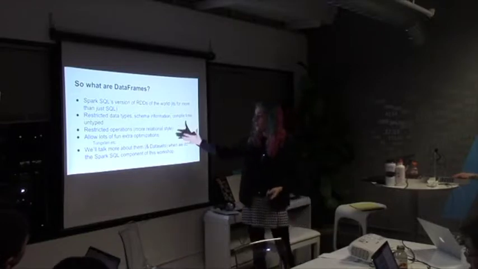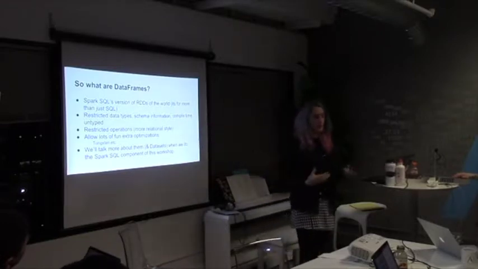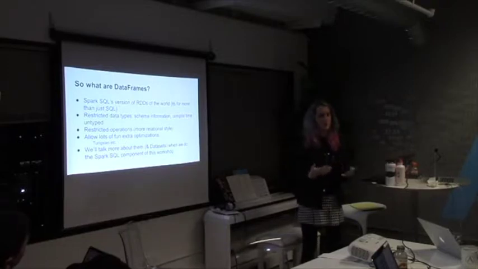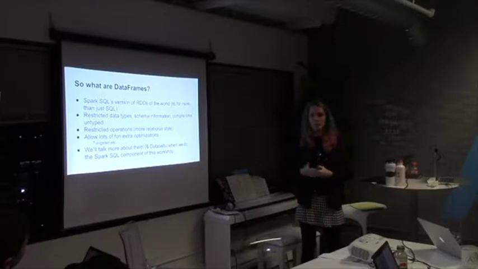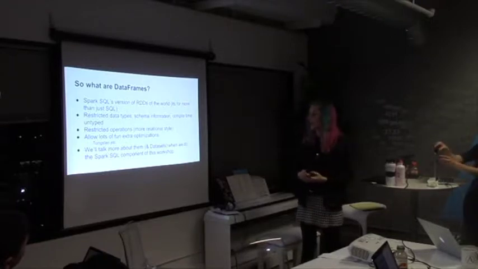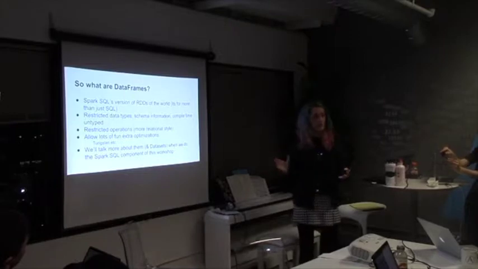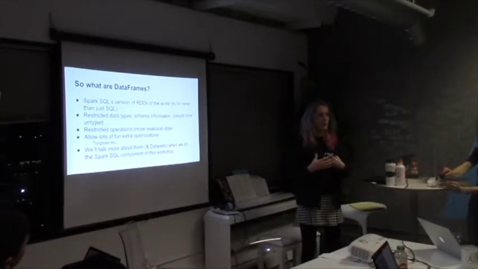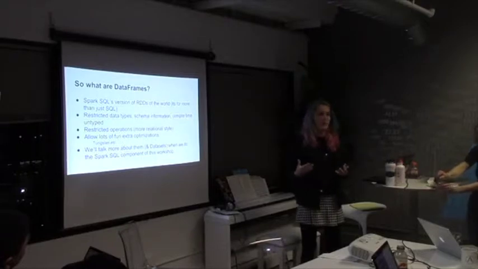If you were to try and do some transformations by hand on data frames, outside of the pipeline API, you'd probably notice that the API is pretty different from RDDs. Instead of functional transformations, they're relational transformations. And instead of taking arbitrary Scala lambdas, they take Spark SQL expressions, and these expressions allow the SQL optimizer to figure out what's going on.